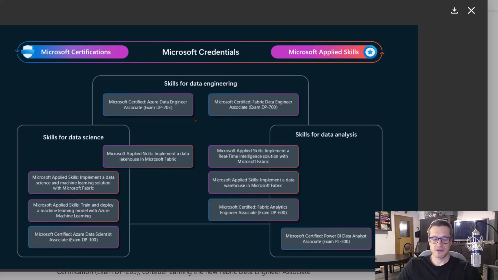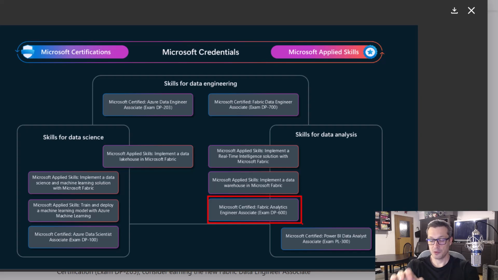Also, we've got the existing DP-600 exam, this Fabric Analytics Engineer Associate. But take a note that it is positioned in two areas. Part of it belongs to a data engineering part, and the other part is for data analytics.